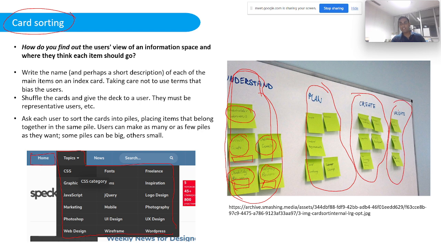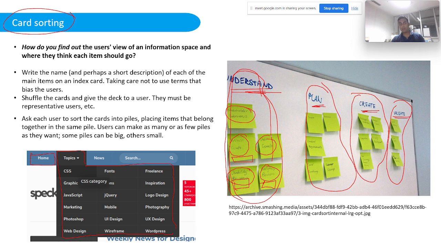Now sometimes these labels are provided by the designer. That means we have a fixed menu system, and we just try to understand how the user wants to see these subtopics under these categories, so where the user wants to position the information.